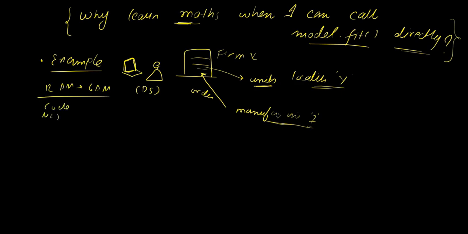The machine learning code that you wrote as a data scientist is predicting the demand of products, the demand of units in locality Y every day.